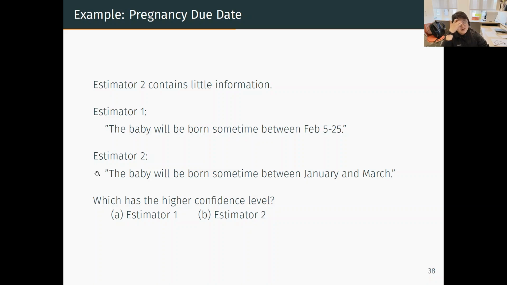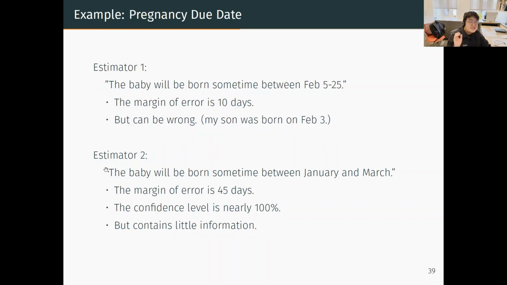So this is the trade-off. The first estimator has a relatively smaller margin of error, so it is more informative. You can restrict the possible dates, but the problem is it's more likely to be wrong because you cut down too many possibilities.